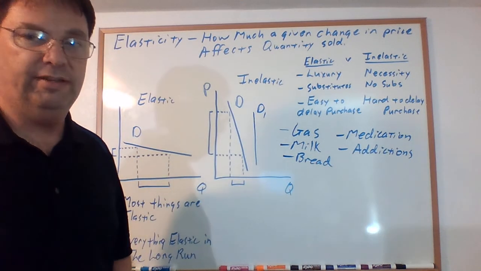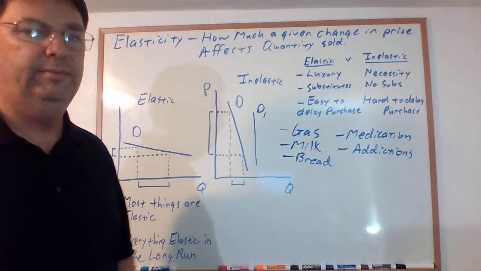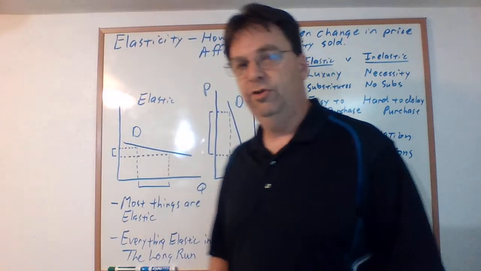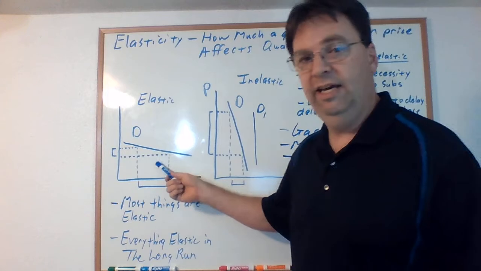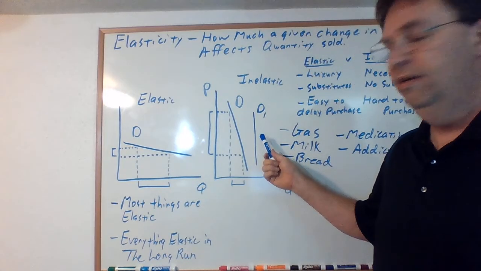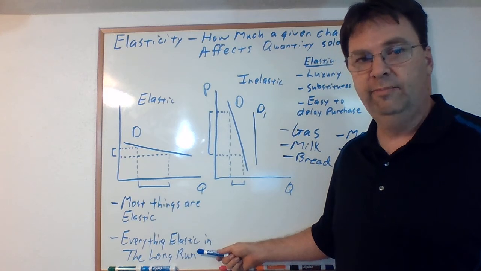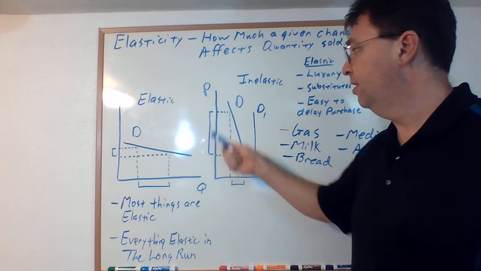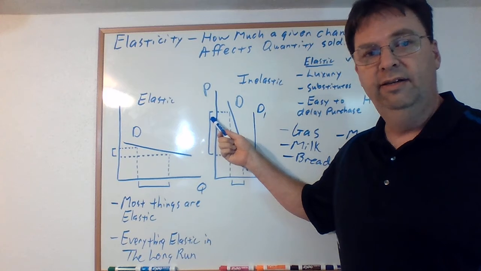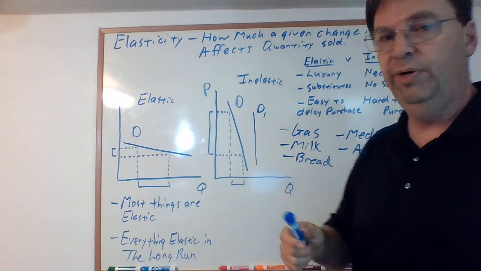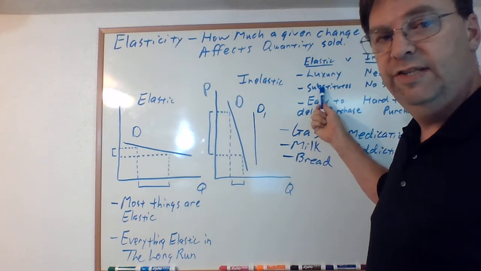Now, what are we going to do about this? Well, here's the thing. In the short run, we have elastic and inelastic. But in the long run, everything's elastic. Because if the price of gas was to go up to $10 or $20 a gallon, it would take a while, but we would learn to substitute.